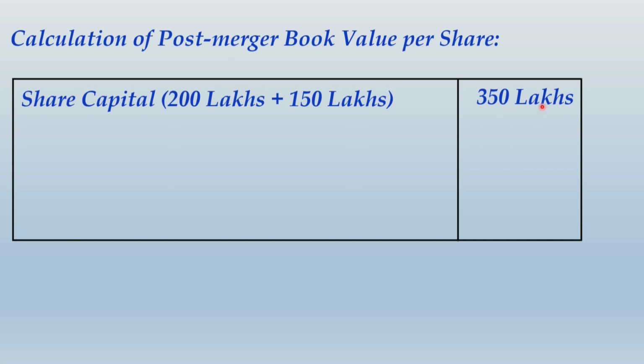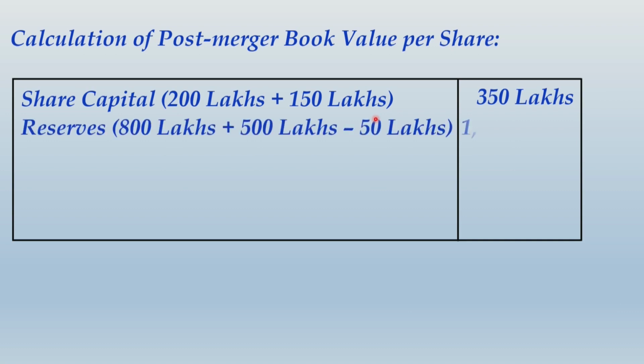Now you should understand one thing very well. Look into the aggregate share capital of the two companies. It was 200 lakhs and 100 lakhs given in the question, but against 100 lakhs of nominal value of capital of Abhishek Limited, you have given 150 lakhs of your own share capital. As a result, that 50 lakhs extra, given against the nominal value of share capital, will have to be adjusted through reserves.